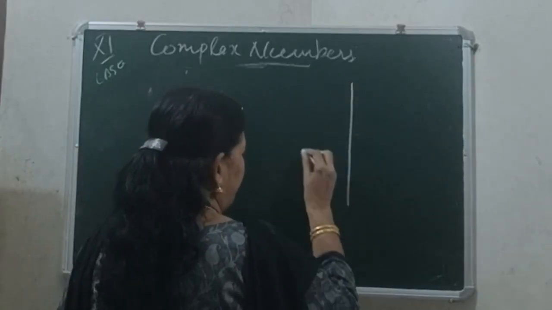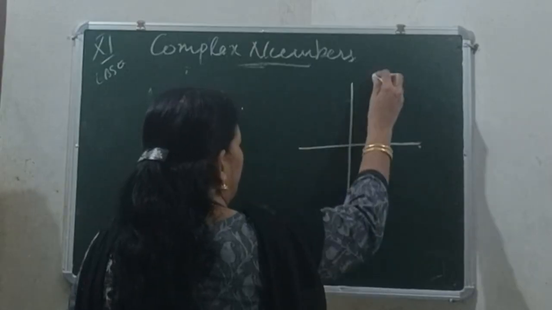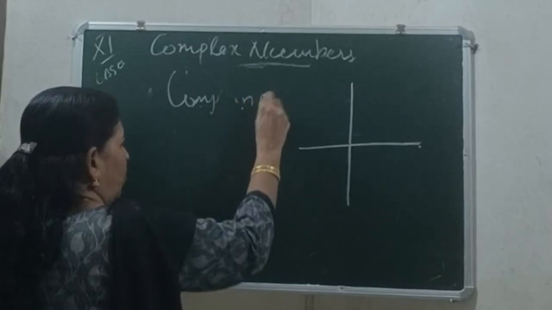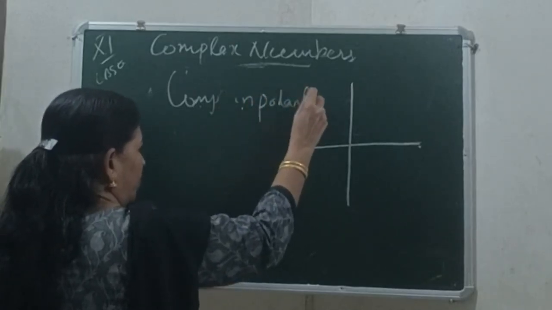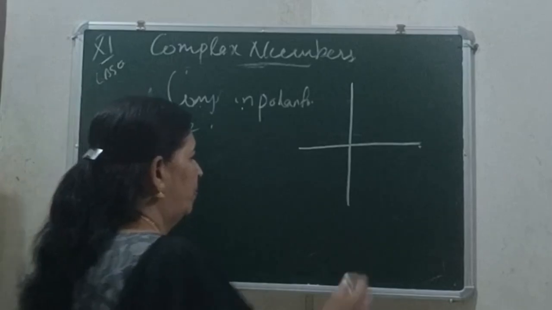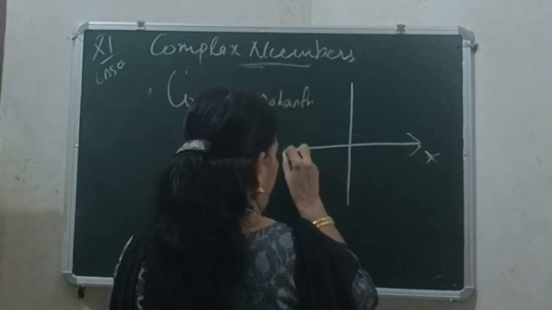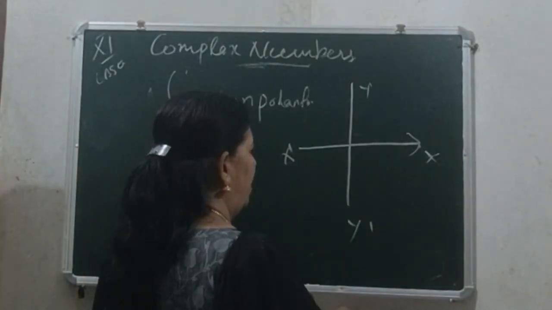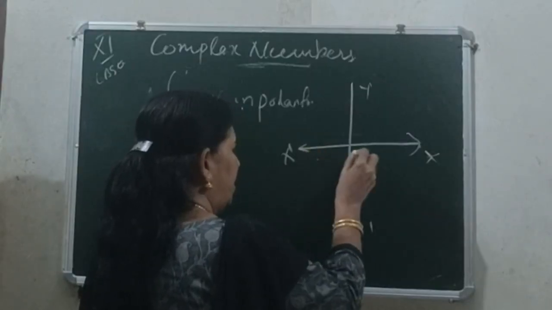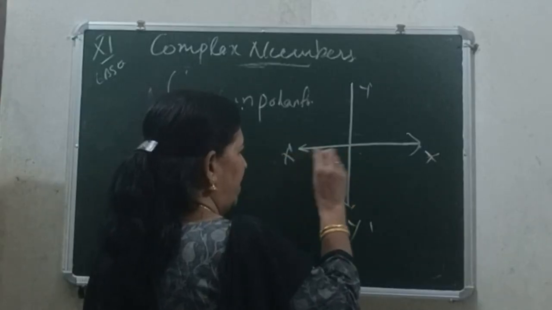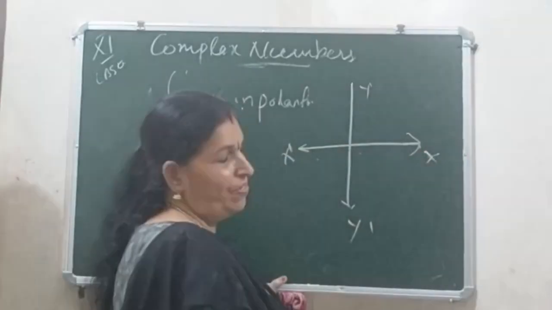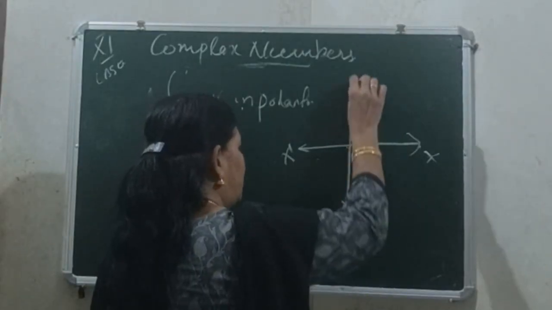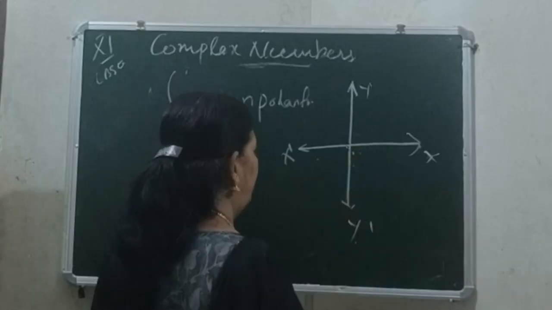Then we consider complex numbers in polar form, in the two-dimensional plane. X dash, Y dash: X dash is the negative left side of the x axis, the right side is positive; on the Y axis, above are positive numbers and below are negative numbers.